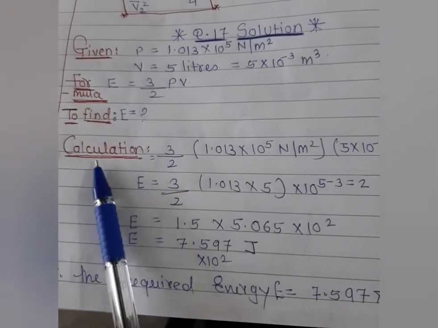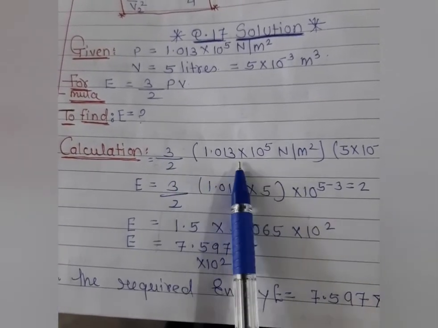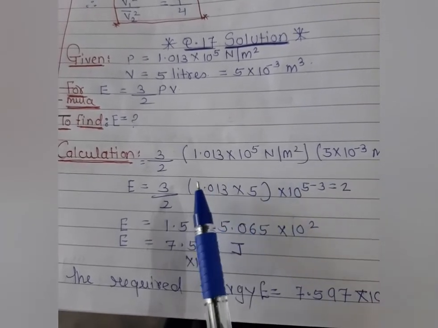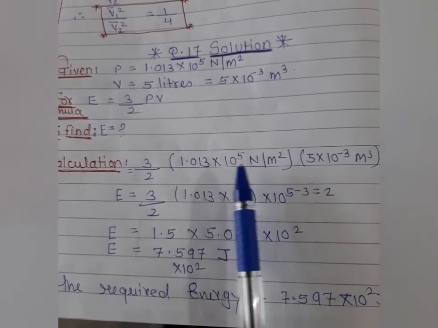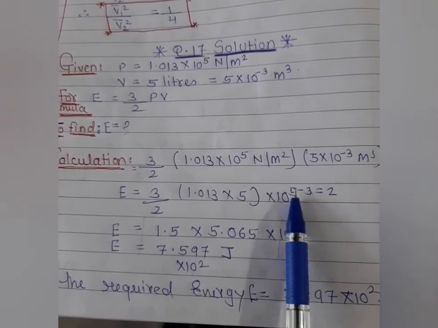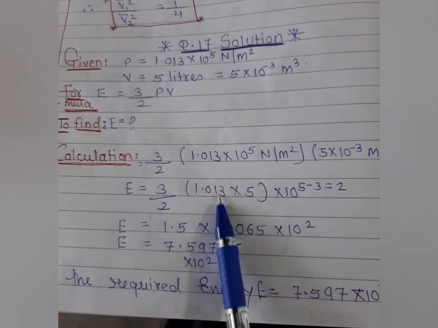So let's go for the calculation. 3/2 as it is, the pressure is here, the volume is here. The powers are 10⁵ and 10⁻³ together, and the values are 1.013 into 5.